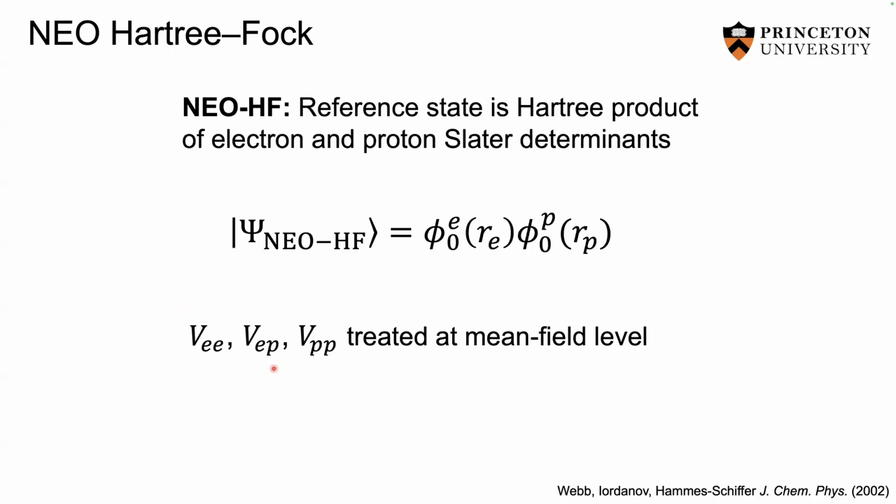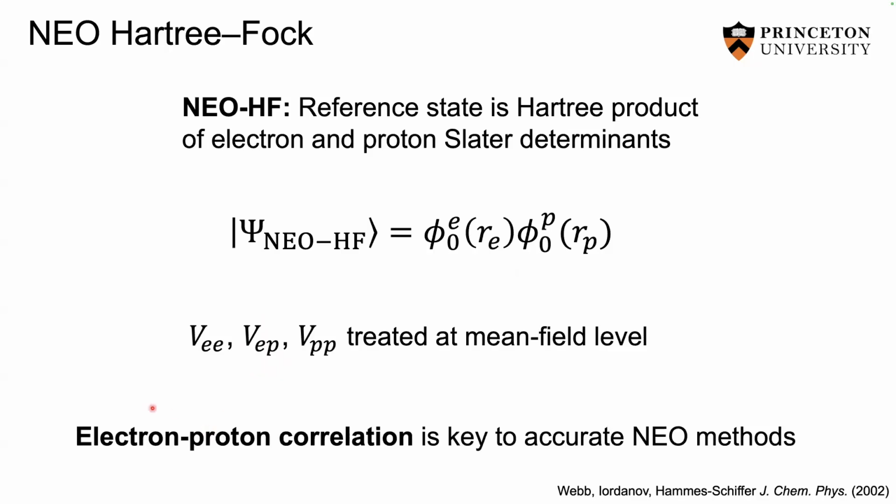And so it's really important to capture this electron-nuclear attraction accurately. And so to do that, we need to go beyond mean field theory, and specifically the electron-proton correlation, just like electron-electron correlation, is key to having an accurate method.